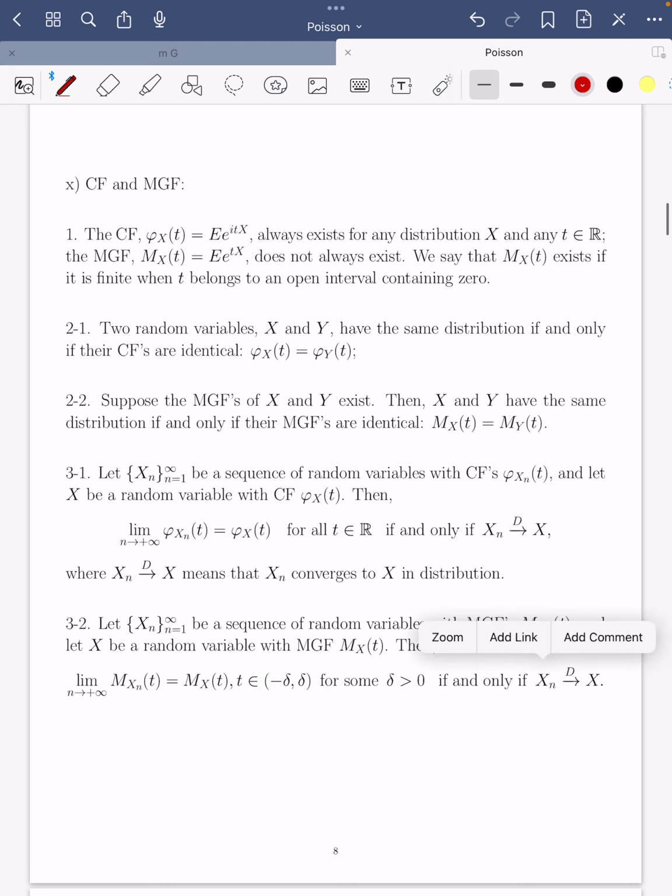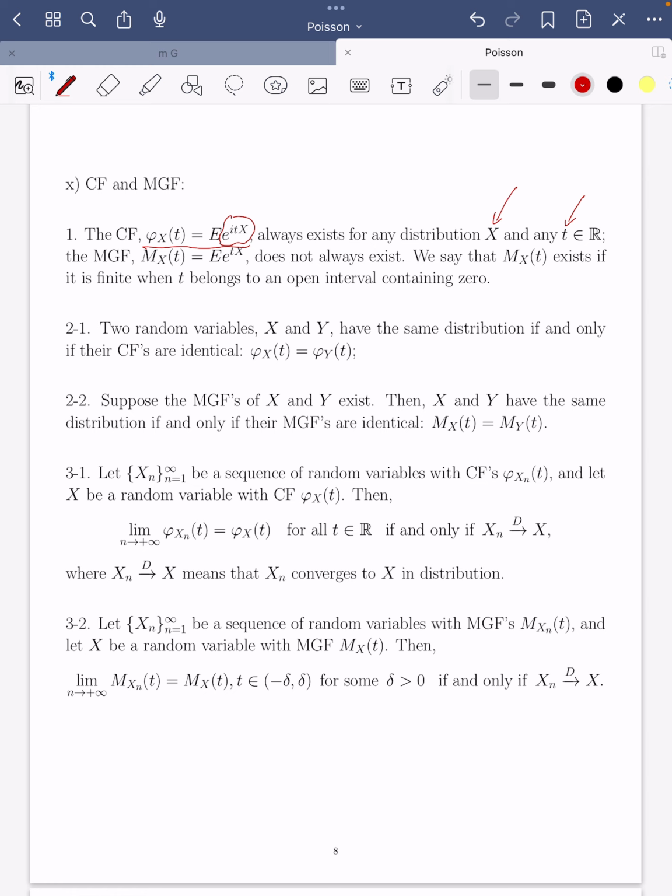And here we want to spend a little time on the characteristic function, also the moment generating function. The characteristic function is defined as the expectation of e to the itx. This function always exists for any distribution, and for any real number t, because the function e to the itx is always bounded.